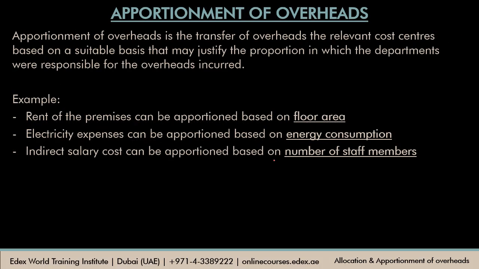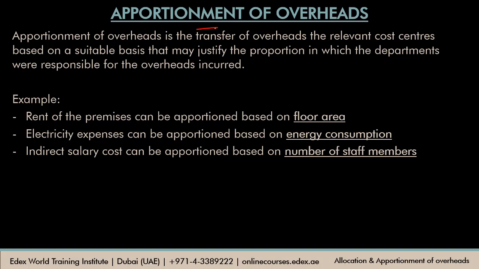The next important term that you need to understand is apportionment of overheads. Now, there are so many other overheads being incurred in the business which cannot be directly allocated to a particular cost center. For example, if you're paying factory rent, there may be so many cost centers or departments working together inside the factory. So you cannot say that the factory rent you've paid can be directly allocated to one single department.